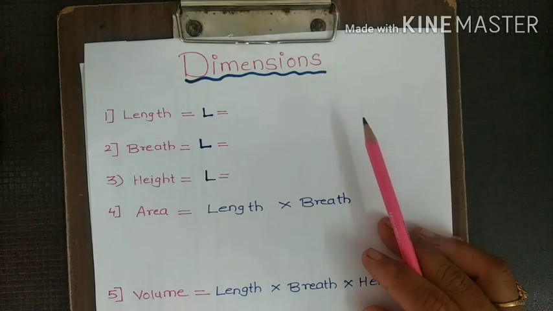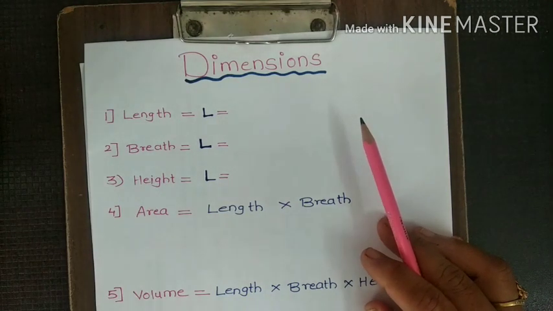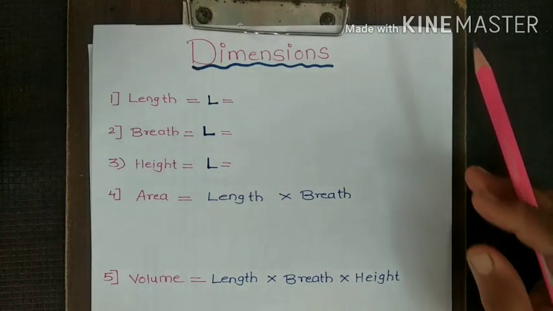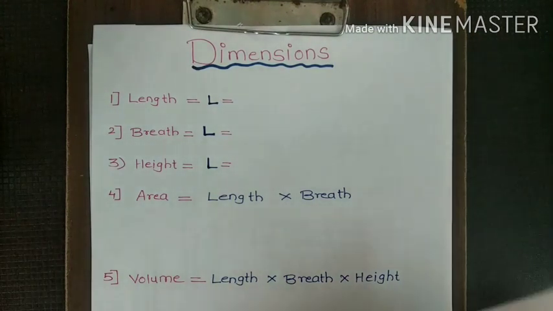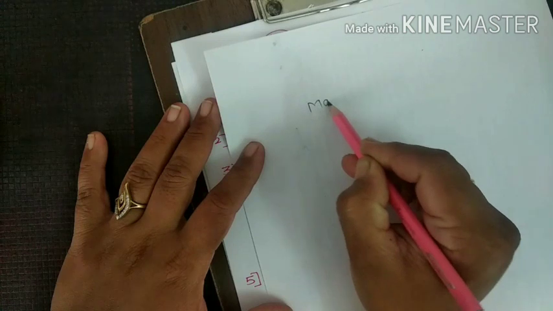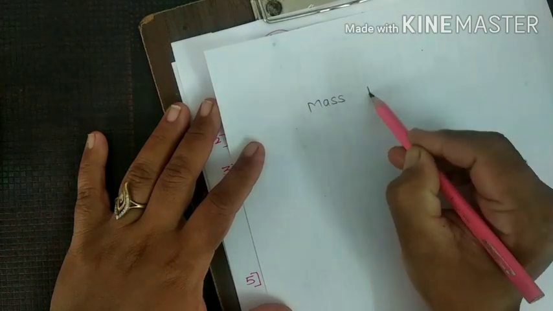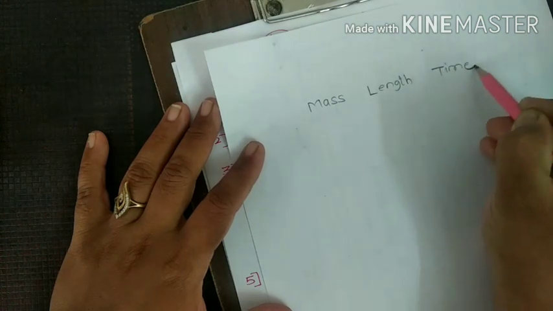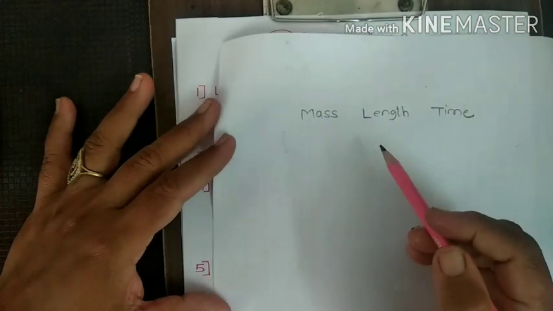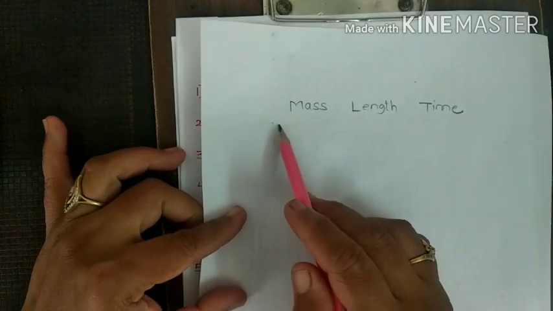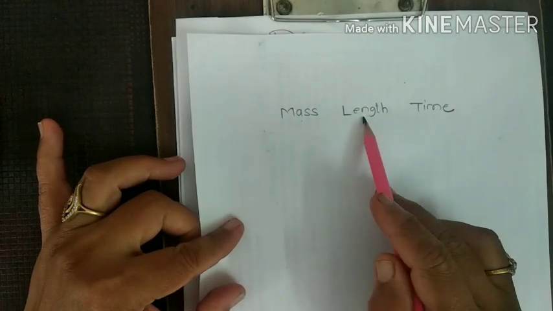And these dimensions, we find out in terms of basic fundamental physical quantities, that is mass, length and time. We have to calculate dimensions of any physical quantity in terms of mass, length and time.